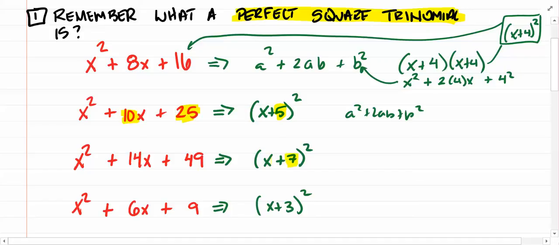Again, this 7 here is always half of the b, and it's this number squared at the same time. So again, the number 3 is half of the b, and the last part squared. Again, this one too. 4 is half of 8, and 4 squared is the number 16. That's what makes a perfect square trinomial.